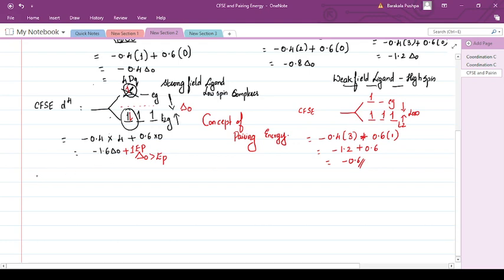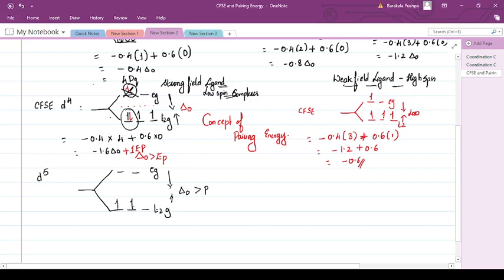It will be a little more clear if you go for the D5 system. Now let us consider the D5 system. In the case of a strong field ligand and low spin complexes, we have T2G and EG. The magnitude of splitting is very high compared to the pairing energy. So what happens? The electron will not jump into the higher level.